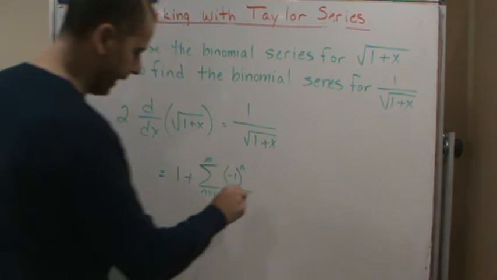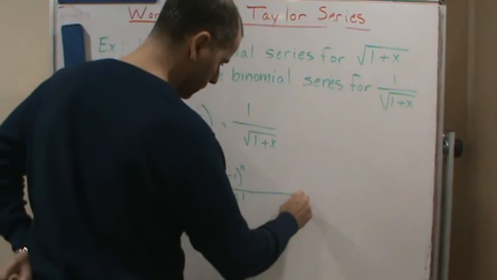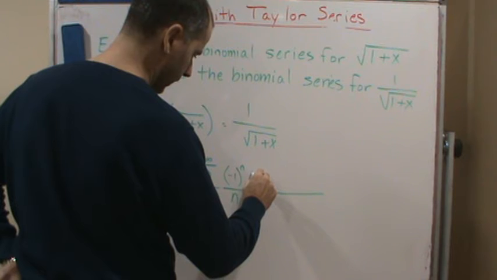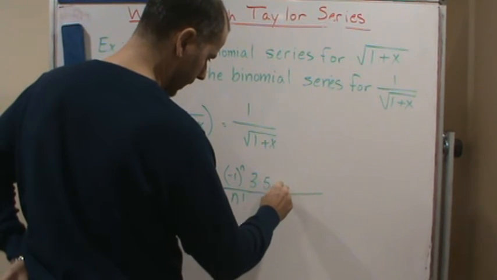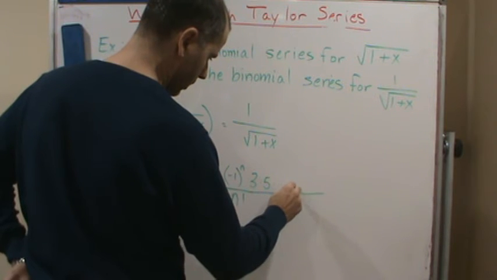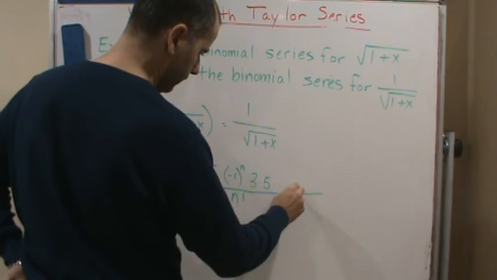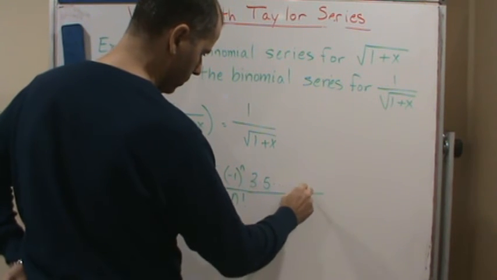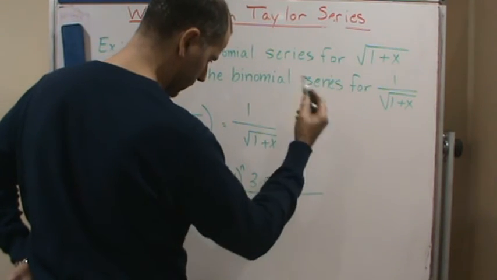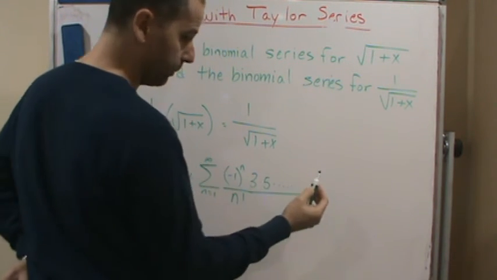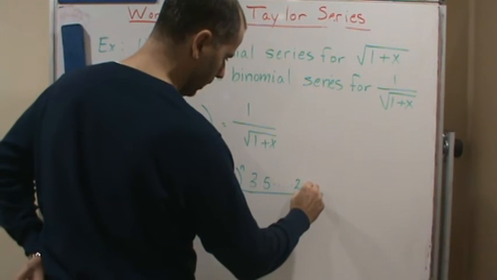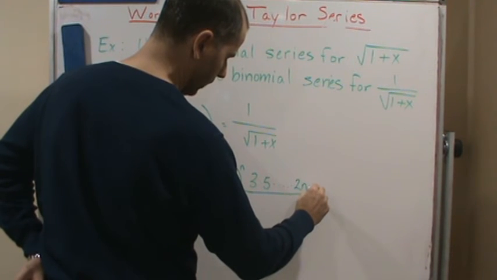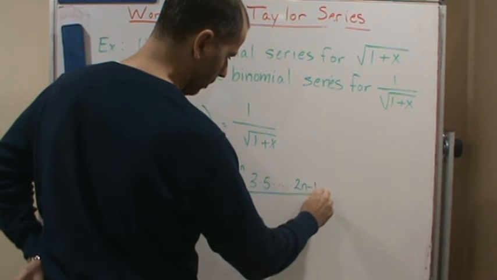But we're still going to have, let me expand this out. So remember, it's going to be 3 times 5 times... Now instead of 2n minus 3, it's going to be 2n minus 1.